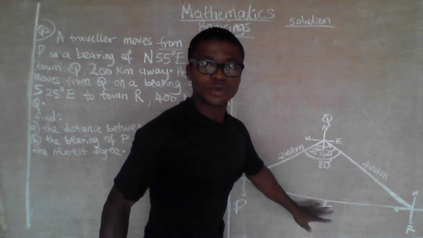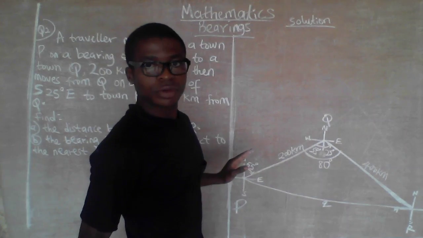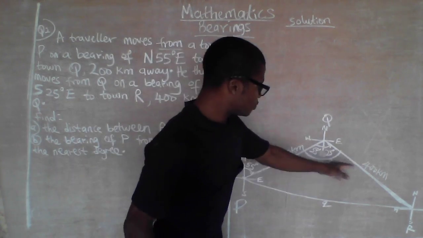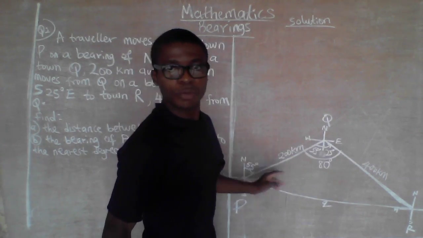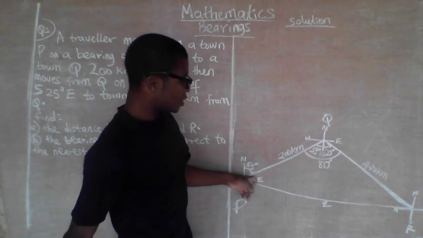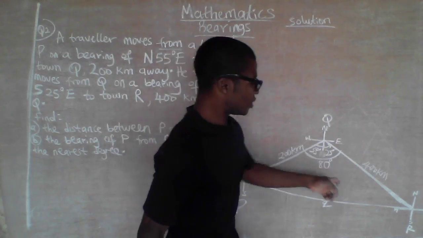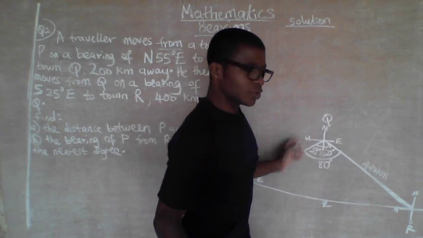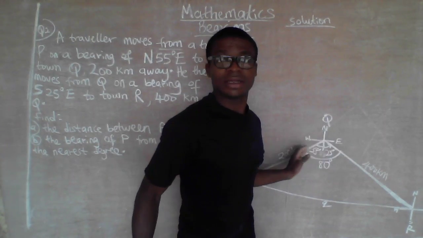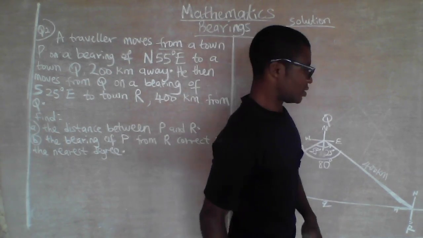So I can use the cosine rule here, but I can't use the sine rule because no opposite parameters have values. These have values, but this one doesn't. So the sine rule can't be applied here, but the cosine rule can.